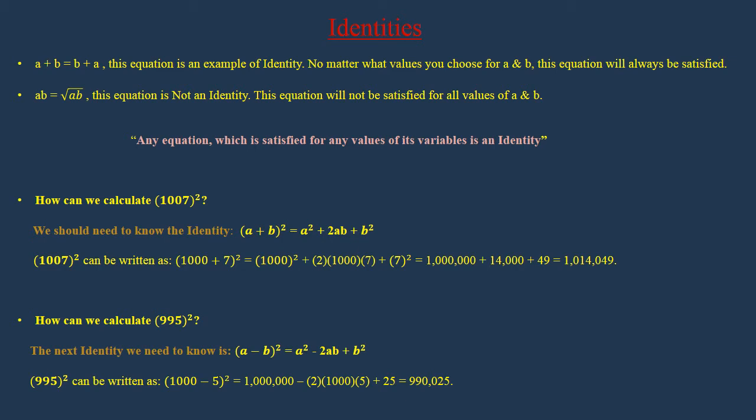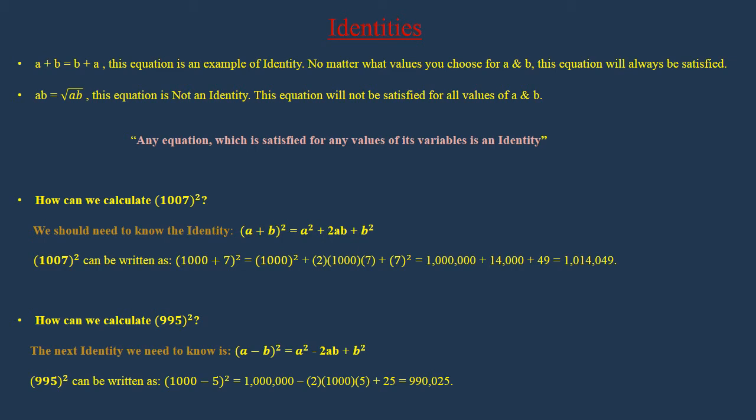It is derived by multiplying a plus b with a plus b. Now 1007 whole square can be written as 1000 plus 7 the whole square, which is equal to 1000 square plus 2 into 1000 into 7 plus 7 square. It gives us 1014049 as the answer.